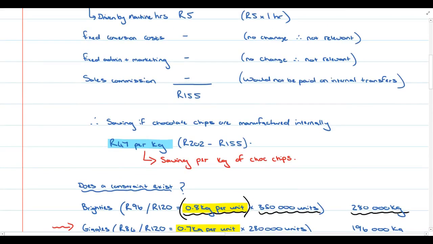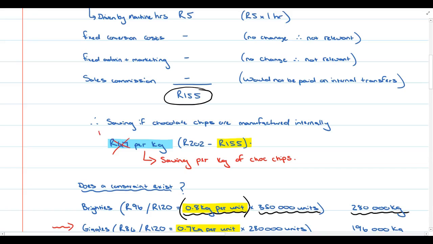We know that if the chocolate chips are manufactured internally, it's going to cost the company 155 Rand per kilogram of chocolate chips. So that's in our calculation over here just below. Now, we've changed this. This is no longer 47 Rand per kilogram because we are trying to calculate the external purchase price where our advice will change.